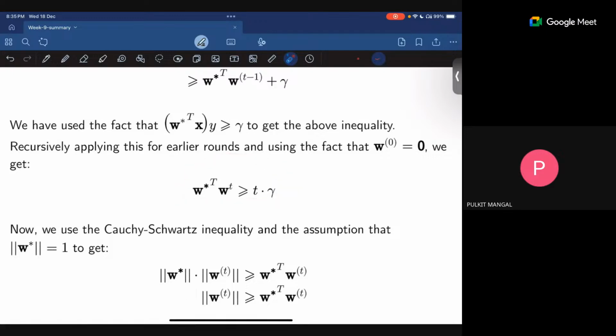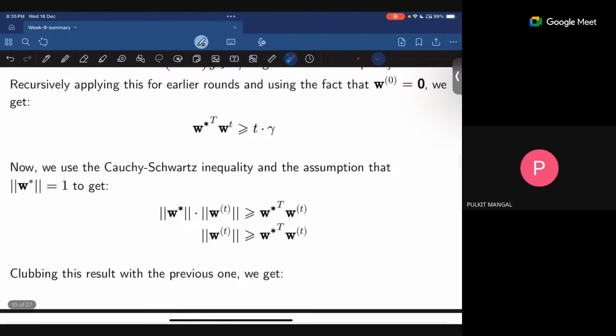Now we have to do some manipulation here. For that, we will use the Cauchy-Schwarz inequality and the assumption that the norm of W star is equal to 1. The Cauchy-Schwarz inequality tells us that the multiplication of the norms would be greater than or equal to the dot product between them.